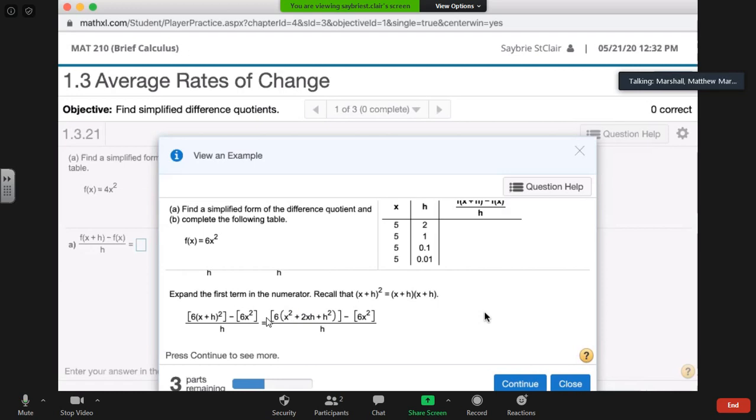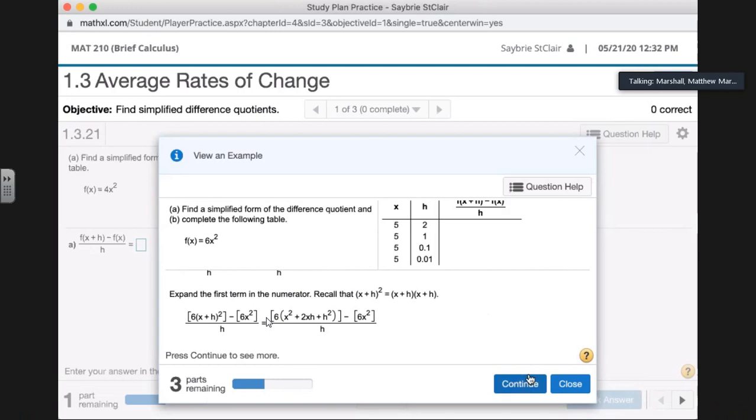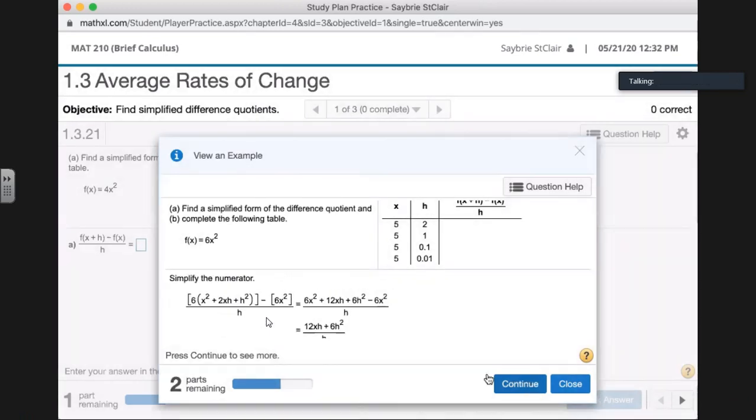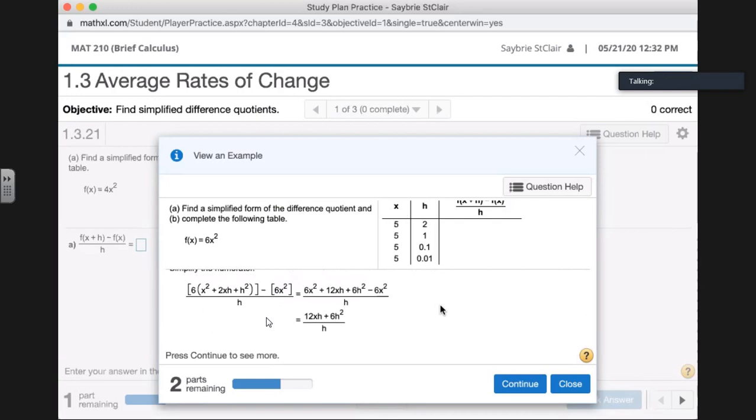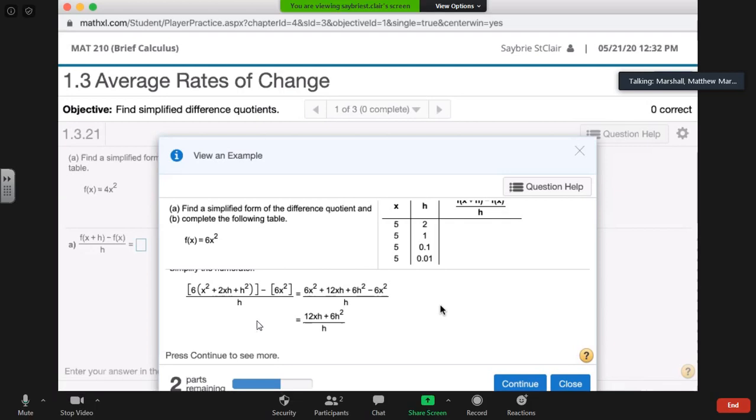All right. Let's see what else. It wants you to distribute, simplify. All right, just some algebra there. You can hit continue if you want.